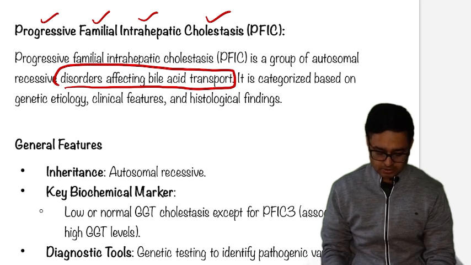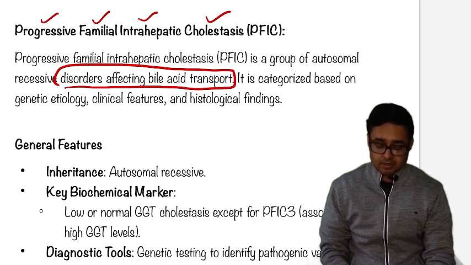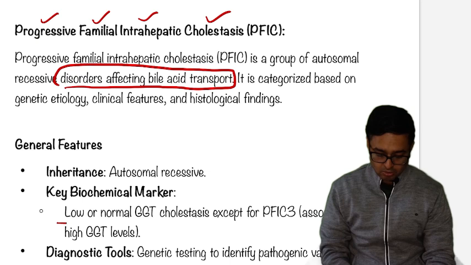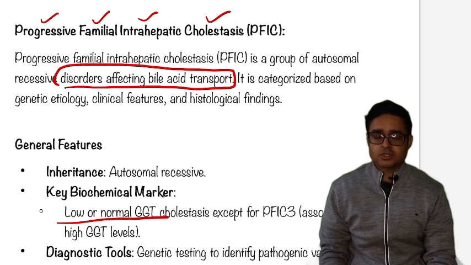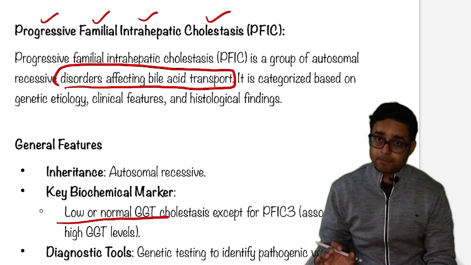characteristics of this disorder. Biological marker: we will see normal or low GGT. Just understand, in normal conditions, if biliary obstruction is there, GGT will be increased. But in one condition, GGT can be normal or even low. That is PFIC.